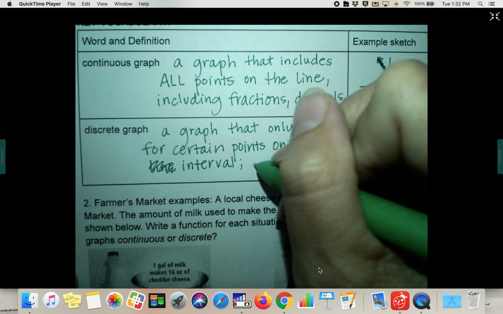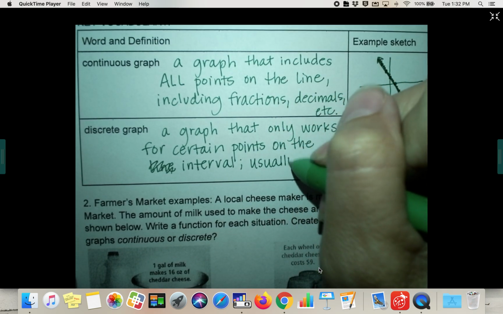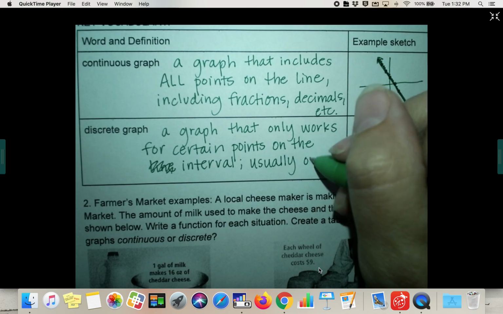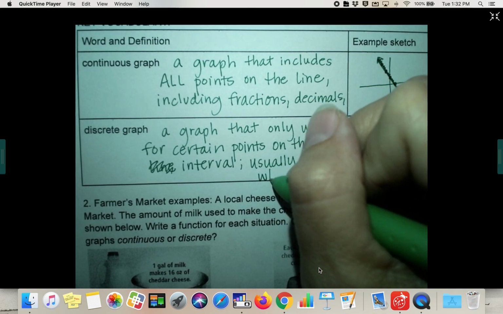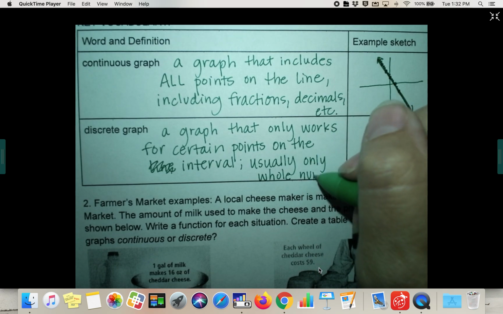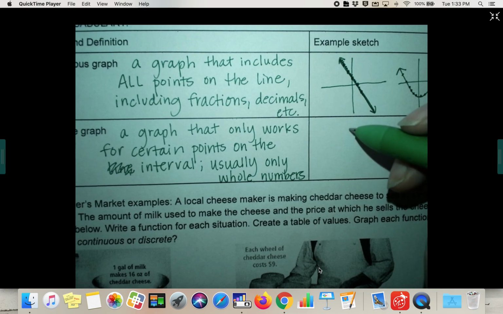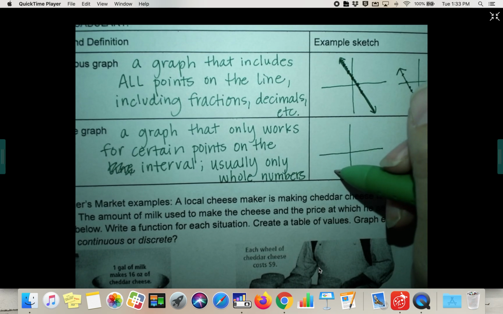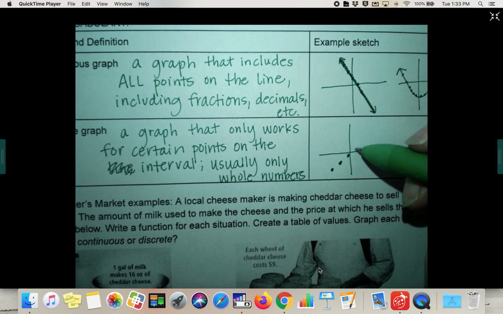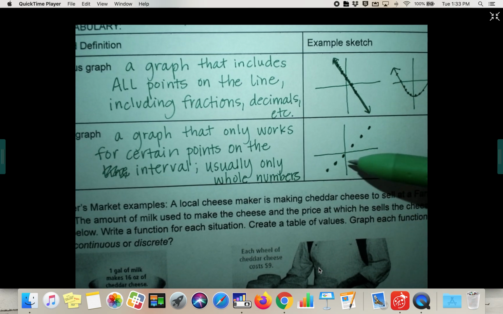And usually, I'm just going to add this little bit, usually only whole numbers. Not always, but usually only whole numbers. We'll do some examples in a minute, but it would be like if this is my line and you really cannot connect it with a dot. They're just going to be whole numbers.